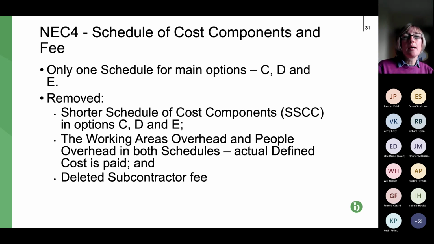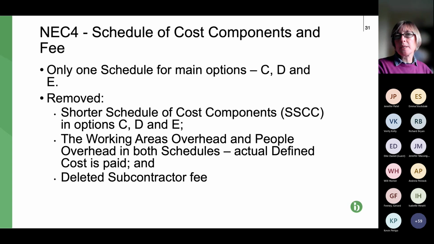The next item is for the charges, where we were looking at some of the items having percentage figures, so you didn't have to cost them. So we said the percentages apply to different items, whether you're looking at the shorter schedule or the schedule.